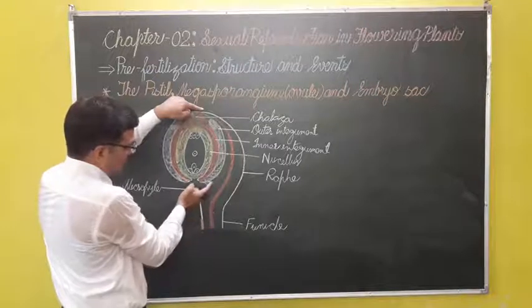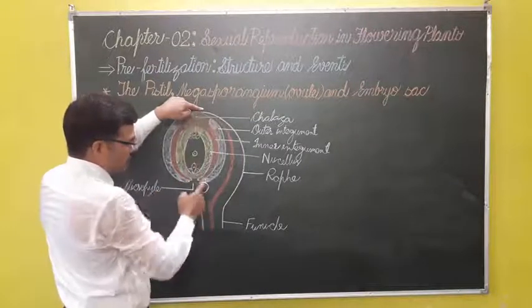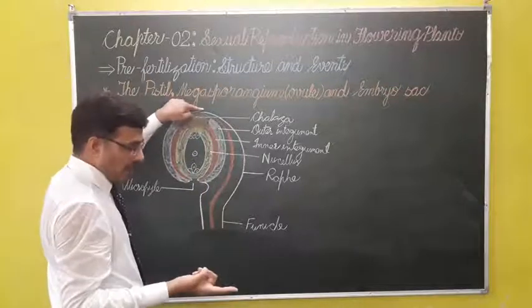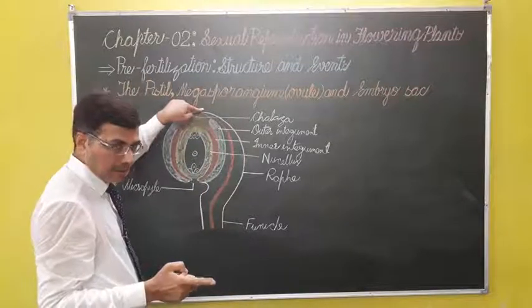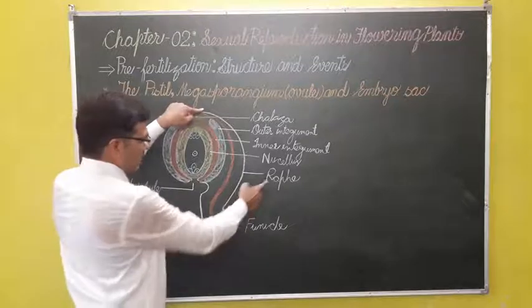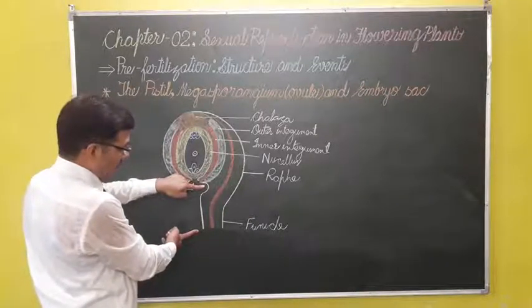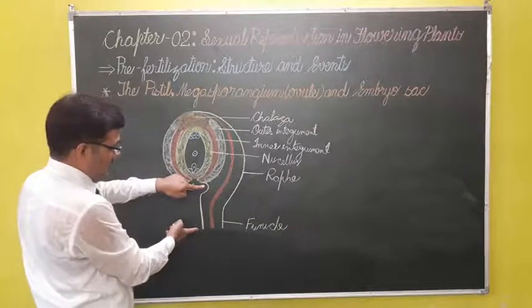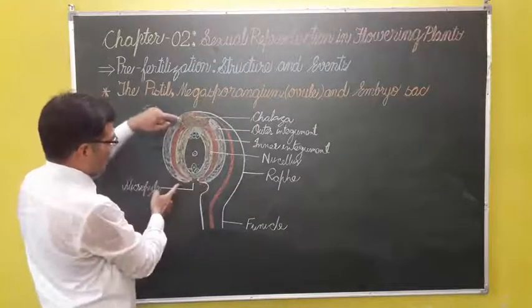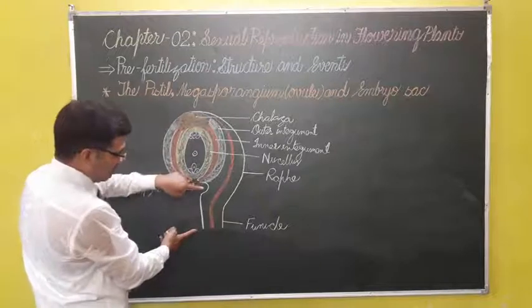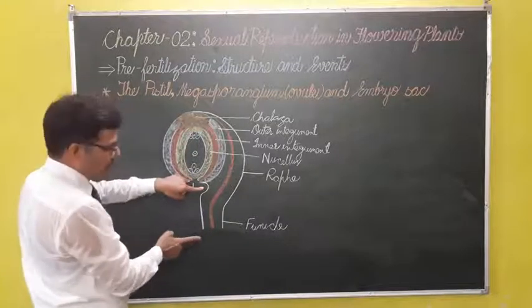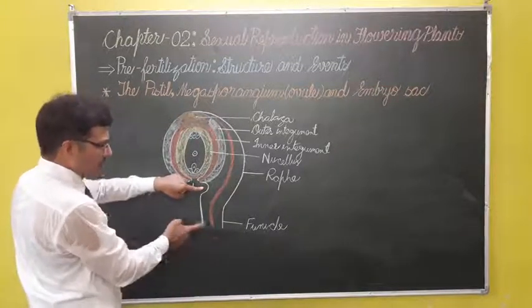So this attached part of the funicle is called raphe. While the part of the funicle which is separate, not touching or surrounding the body of the ovule, is the funicle proper, or you can say simply the funicle, right?